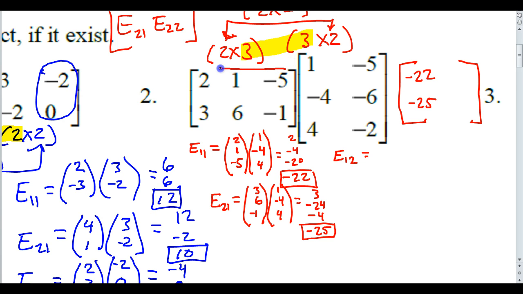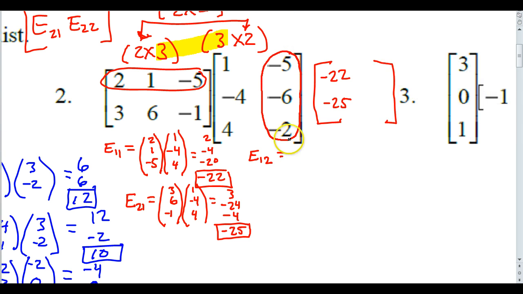Row 1 is 2, 1, negative 5. Column 2 is negative 5, negative 6, and negative 2.